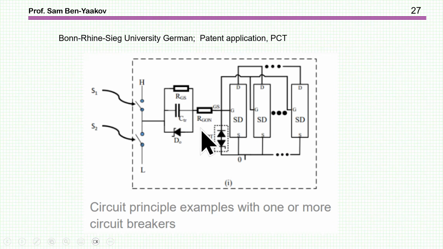Aside from the configuration that I've shown for the driver, there have been a number of other suggestions for other types of drivers and other circuitry, and here's one of them.